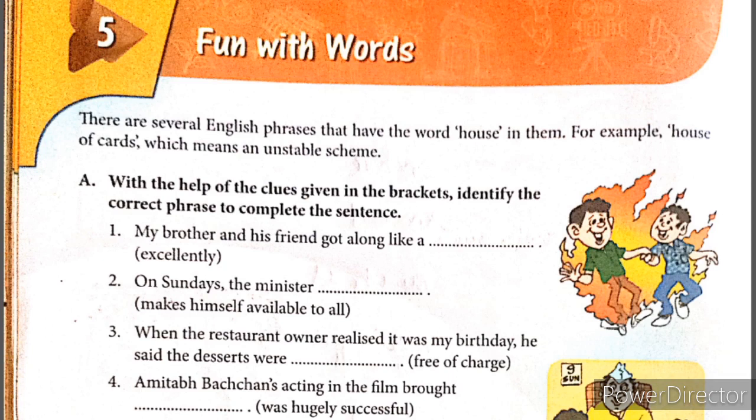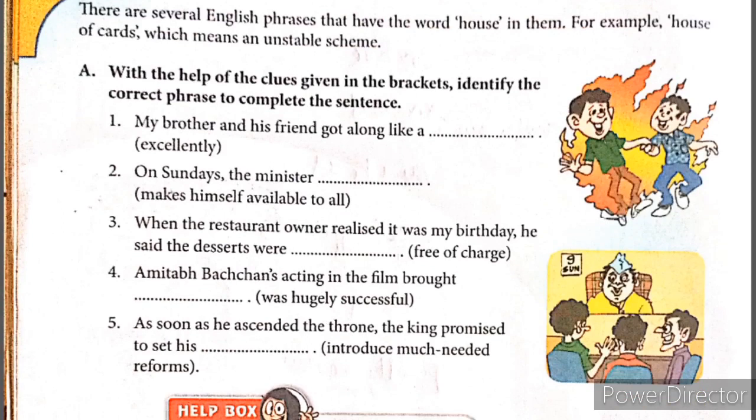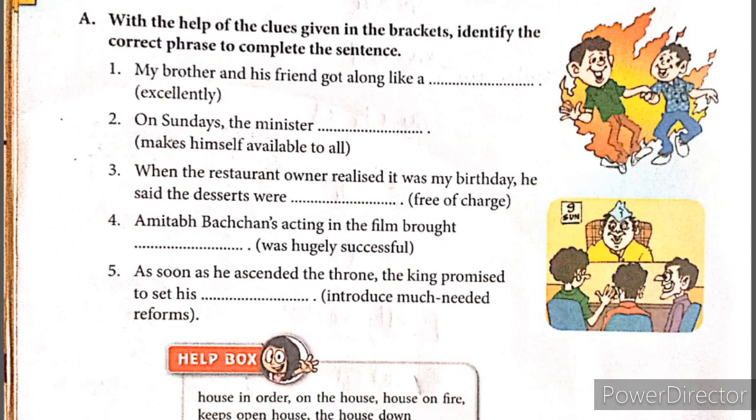You go through your book, the help box is given there. Here are given: house in order, on the house, house on fire, keeps open house, the house down. So by using these phrases, you will fill in the blanks.